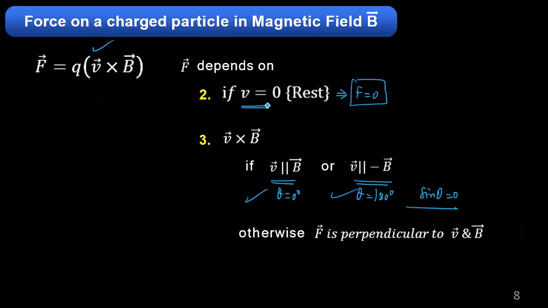Either the particle is at rest, the particle is not moving, or v and B are parallel or anti-parallel. In other situations, F is perpendicular to B and v both. Okay. So there are only two situations when the force becomes 0, and in all the other situations, force is not equal to 0. So force is always perpendicular to the direction of the velocity vector.